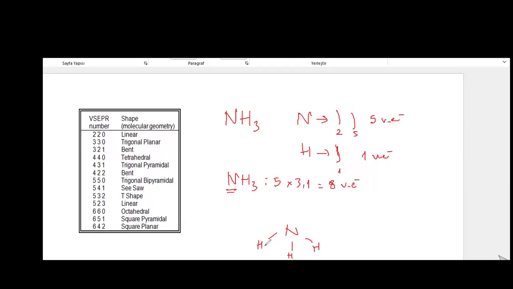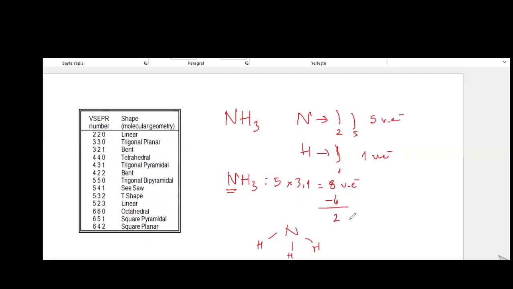If it obeys the duet rule, everything is okay for the hydrogen atom. There is no problem. It doesn't need any more valence electrons. But if you look at the nitrogen atom, it obeys the octet rule. That's why the nitrogen atom needs 8 valence electrons in that molecule. So yes, we have already consumed 6 valence electrons with single bonds.